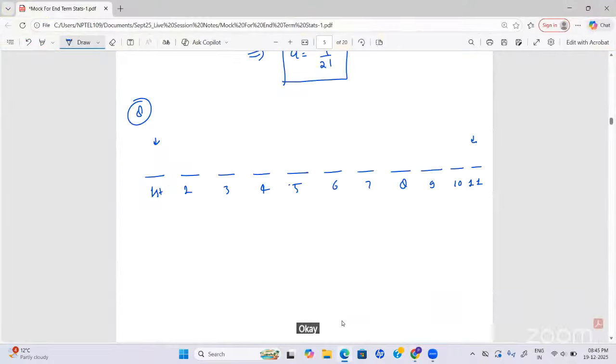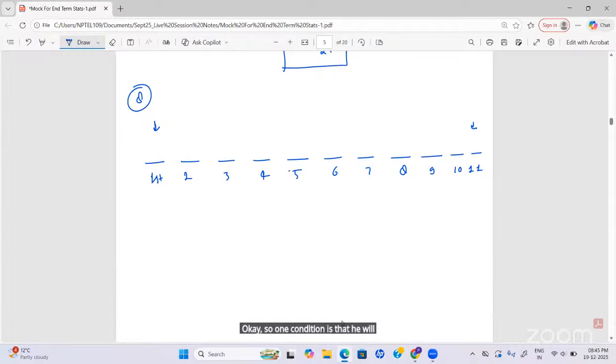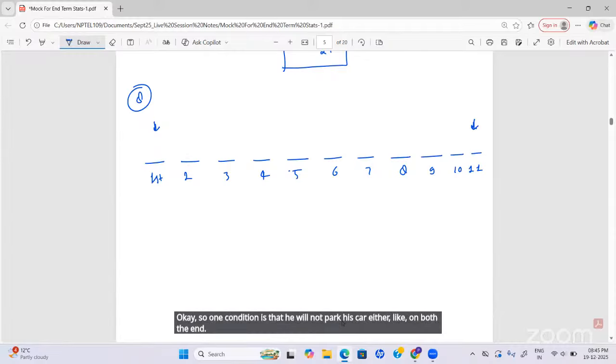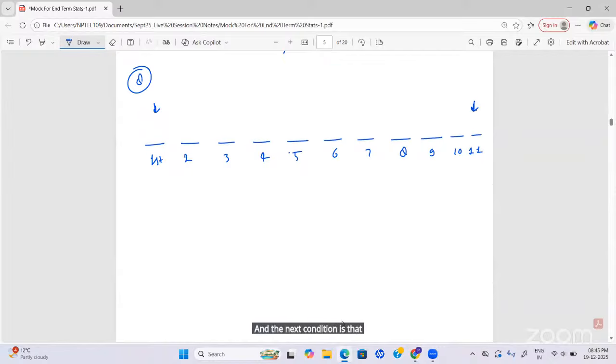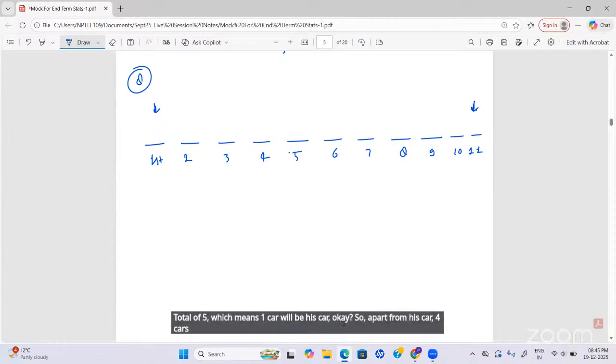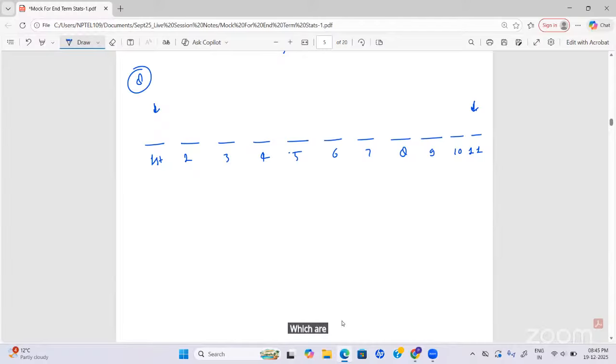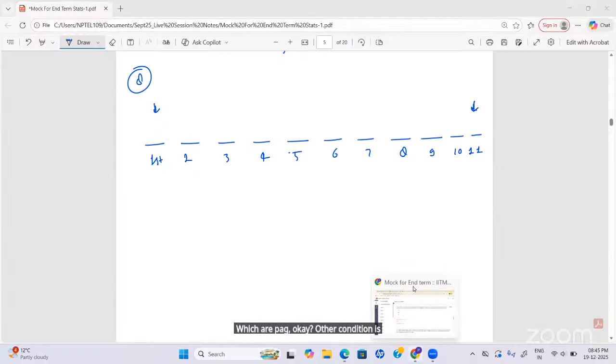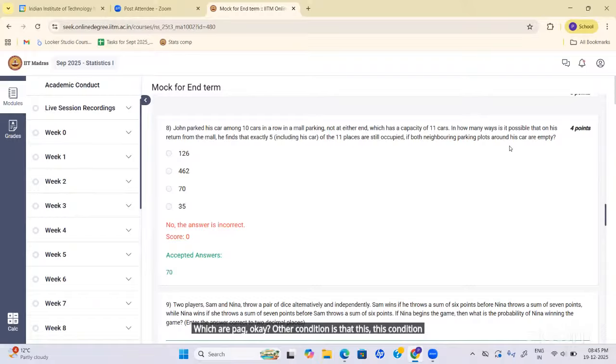So one condition is that he will not park his car on either of the ends. The next condition is that on return, he finds a total of 5 cars, which means one car will be his car. So apart from his car, 4 cars will be parked. The other condition is that both the neighboring parking slots around his car are empty.